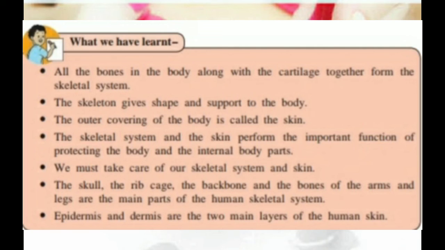The skeletal system and the skin perform an important function of protecting the body and the internal body parts. We must take care of our skeletal system and skin. The skull, the rib cage, the backbone, and the bones of the arms and legs are the main parts of the human skeletal system.